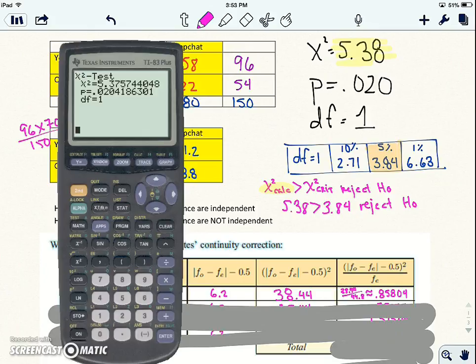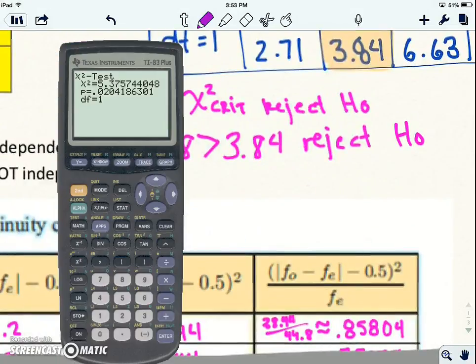Okay, the p-value part of this is if our p-value is less than our significance level, we reject.